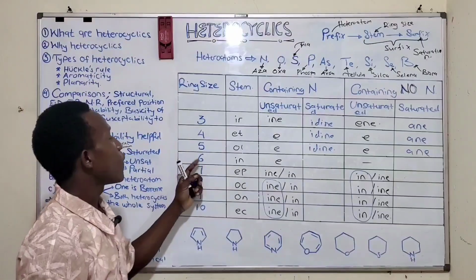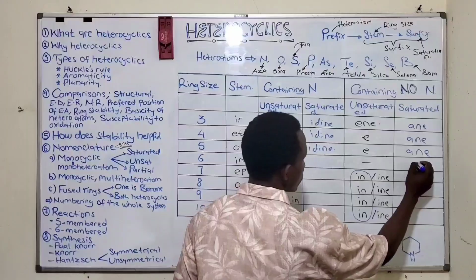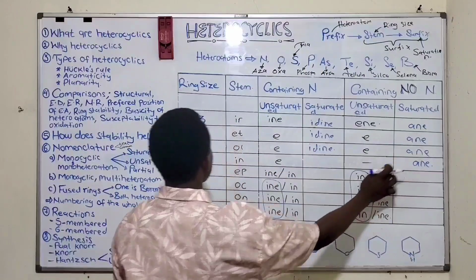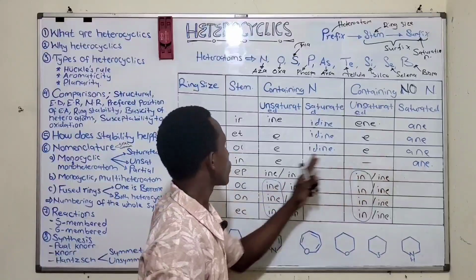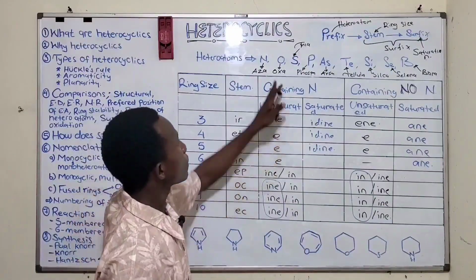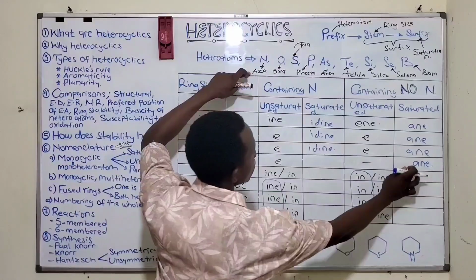Then for the 6-membered, we also add ane. But if it has no nitrogen, we don't put this stem. For example, if it is nitrogen, we just add ane.